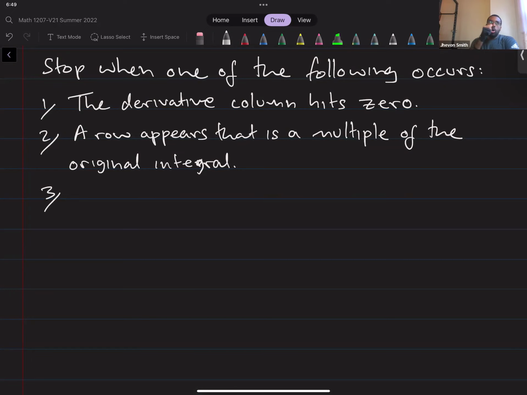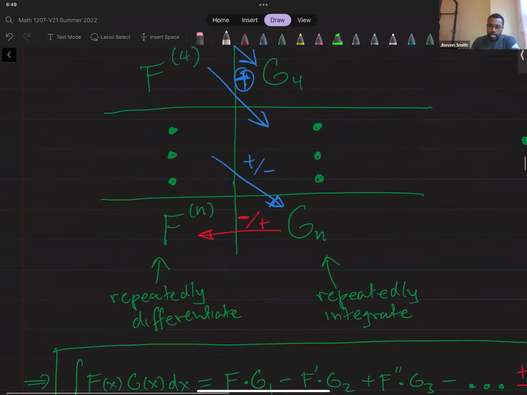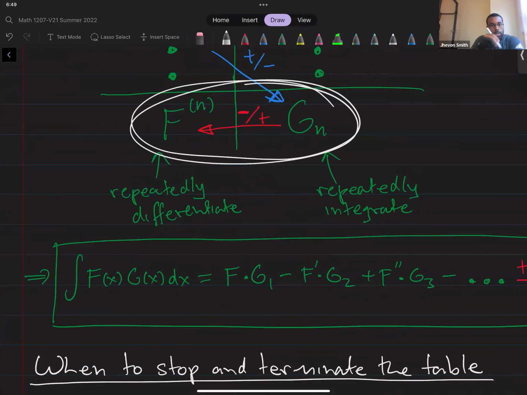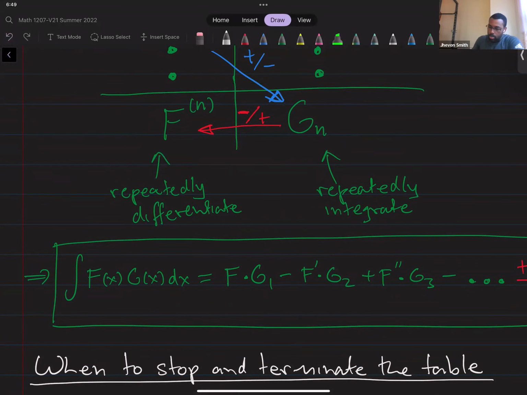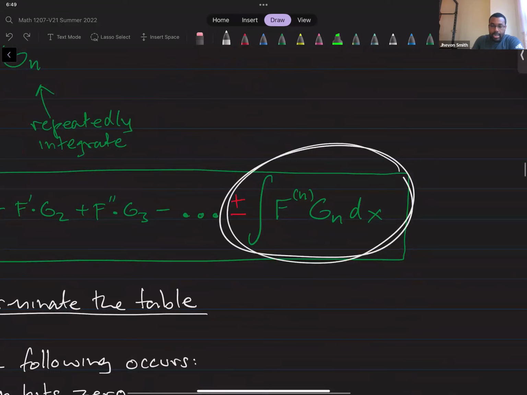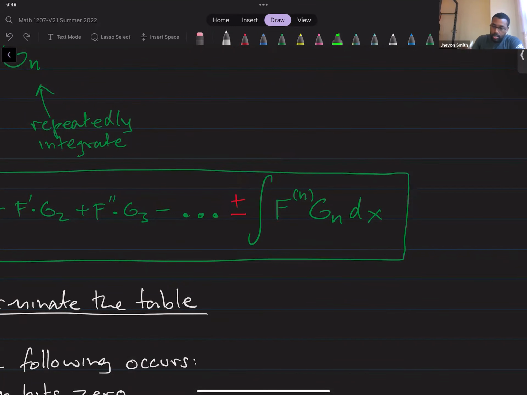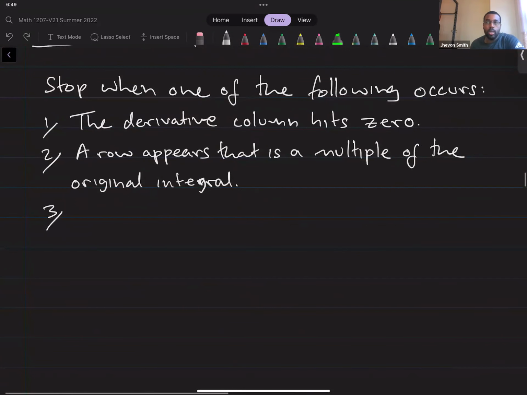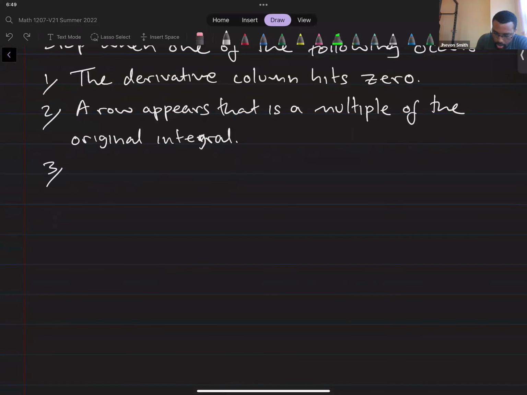There's a third possibility. Ultimately this table ends where we multiply across, and ultimately we're going to have to integrate that row. So another possibility, if it's not one of these two, is you stop when you realize this row is easy to integrate without integration by parts, like we've hit a basic rule.